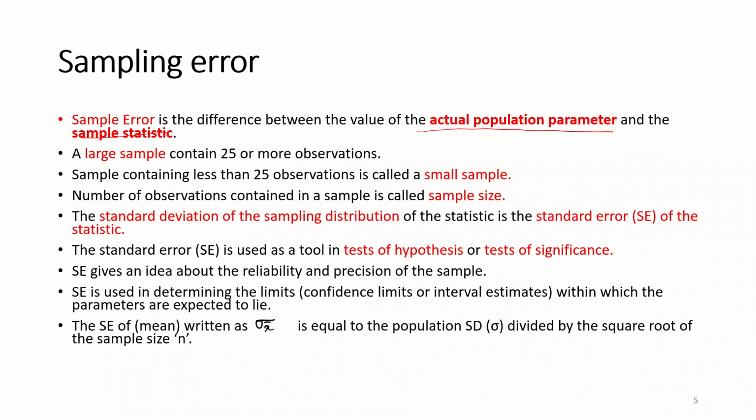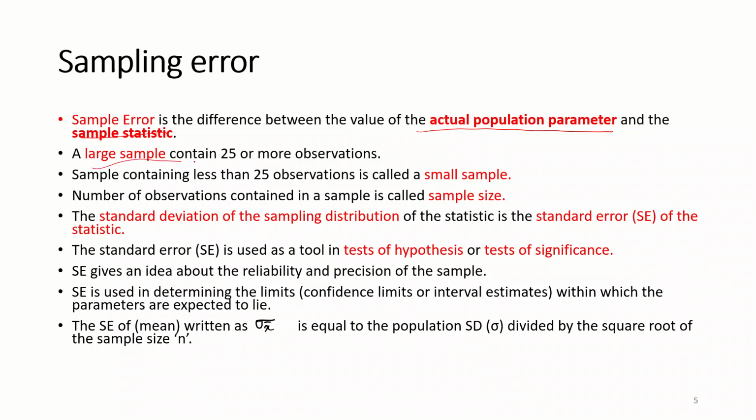Because we are essentially selecting a subset, there can be a difference between the parameter, which is of the whole population, and the statistic, which is derived from the sample. So there would be a difference in the value. That is what a sampling error is.